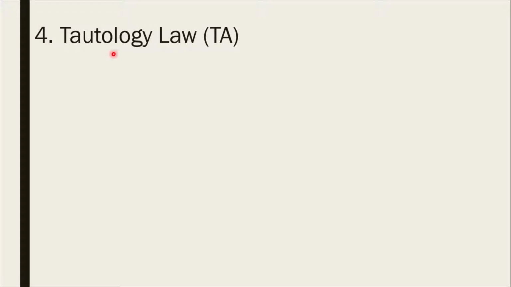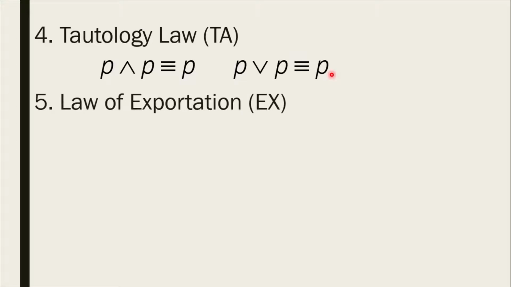Next is the tautology law, or sometimes called the idempotent law. In this law, it states that the conjunction or the disjunction of the same statements is equivalent to that statement. For instance, P and P, same as P. P or P, same also as the statement itself, P. The next rule is the law of exportation.